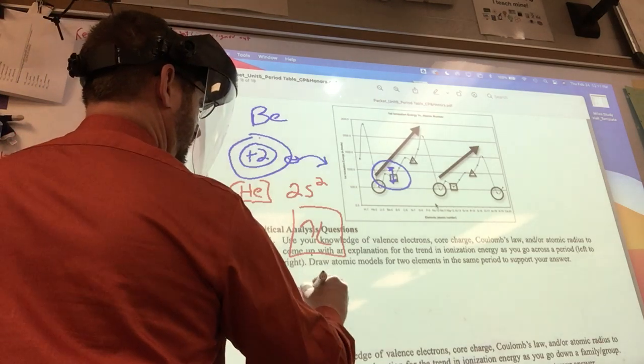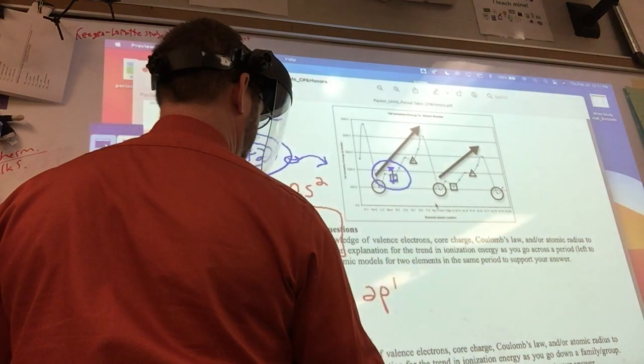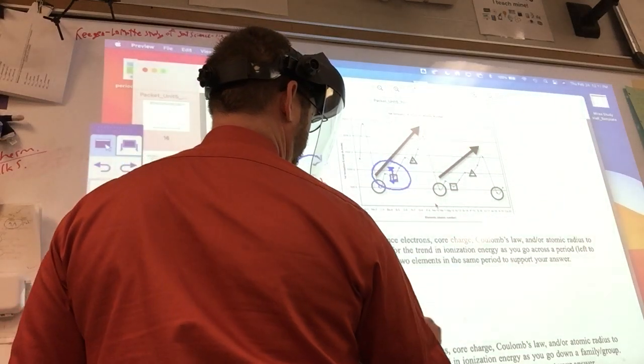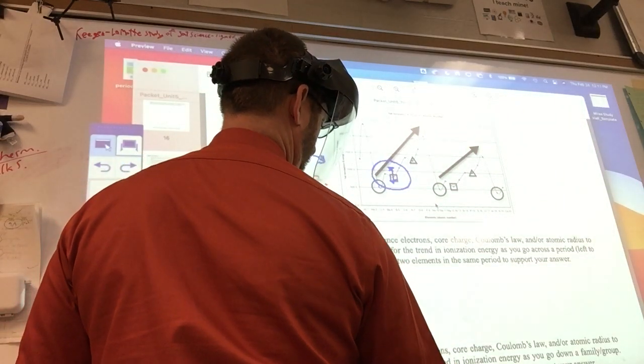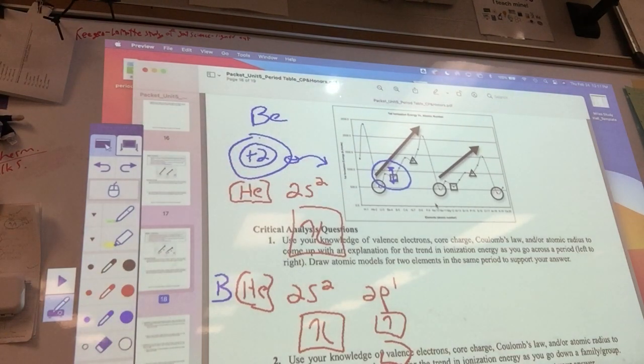So 2s2? 2p1. Ooh, that's different. So 2 electrons. How many boxes for the p's? 3. And 1 electron.